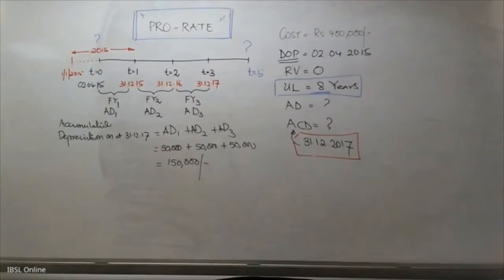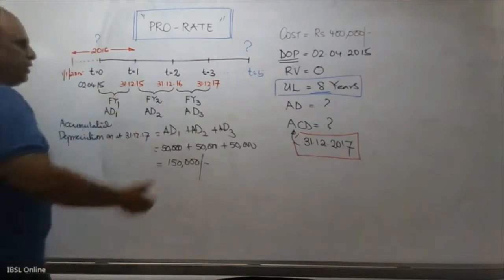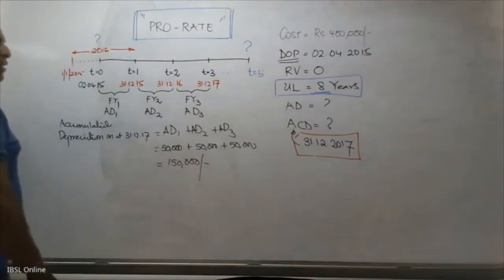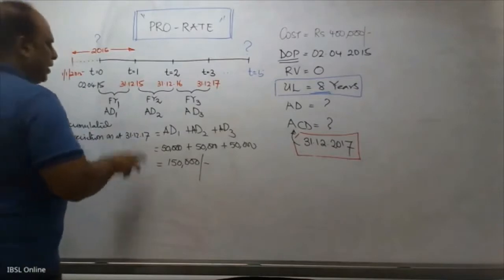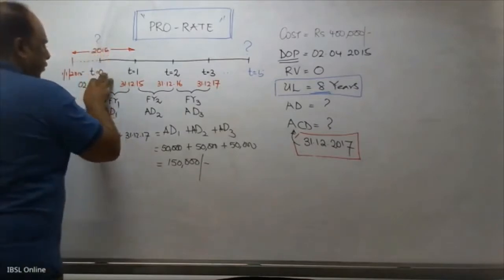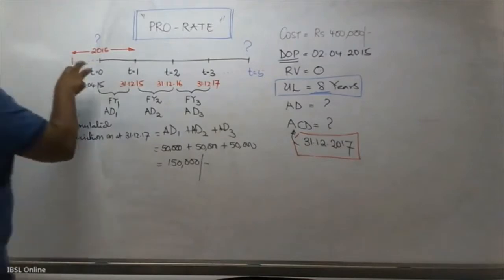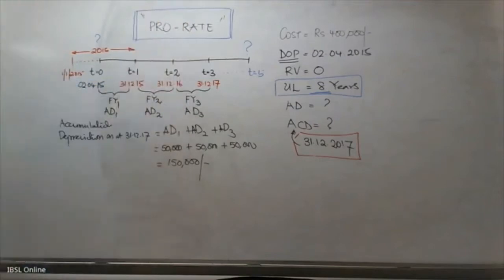Now, if that is the case, let's look at this question. What happened here? They spoke about the method, straight line. They gave us the useful life, but they were silent about what to do with the depreciation in the year of purchase. Since they were silent, we are going to use the prorate convention.